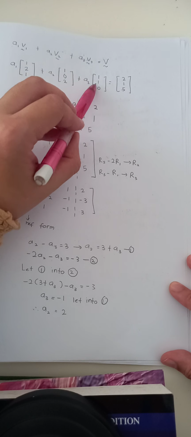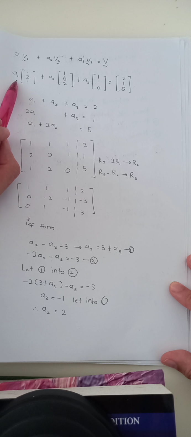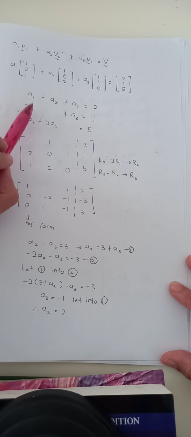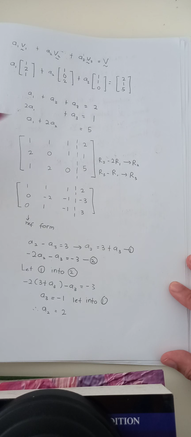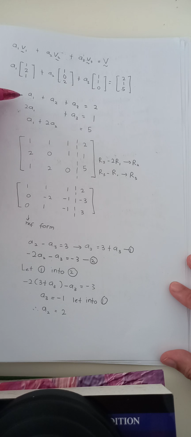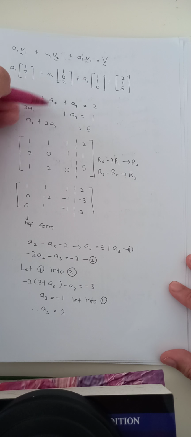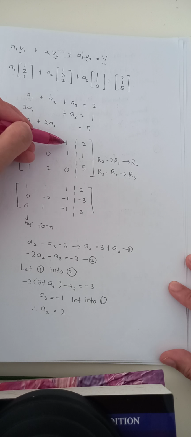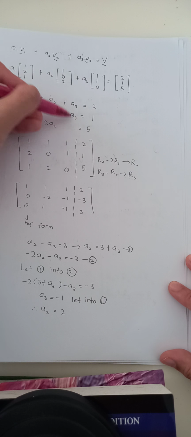To solve this equation, make it in the form of a linear system. After making it a linear system, make it in the augmented matrix form. The value for A1 goes here, the value for A2 here, this column is for A2, this column for A3.